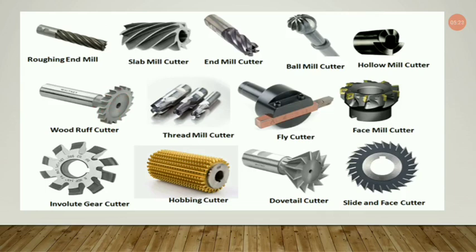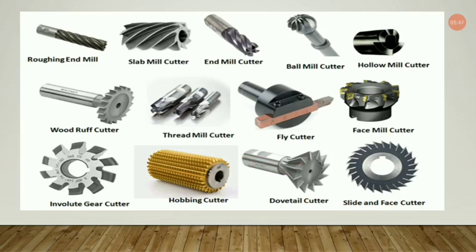So I am emphasizing and giving stress on these slides of different types of milling cutters. You must take a clear view of how the different types of milling cutters look. Maybe it's an end mill cutter or a Woodruff cutter or an involute gear cutter or a hob cutter or a dovetail cutter.